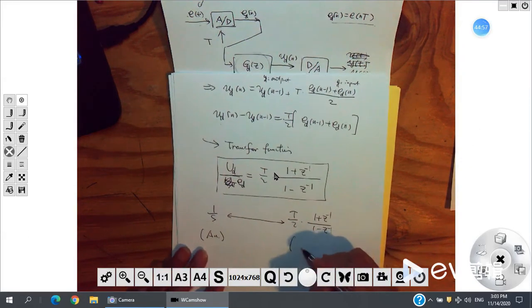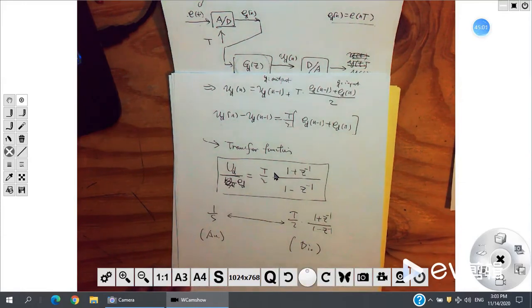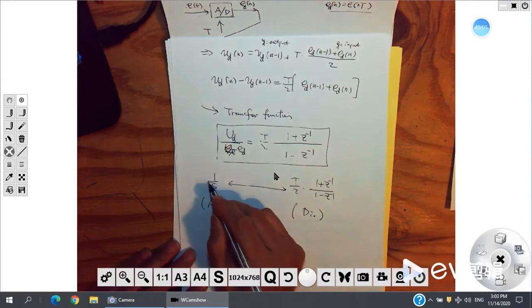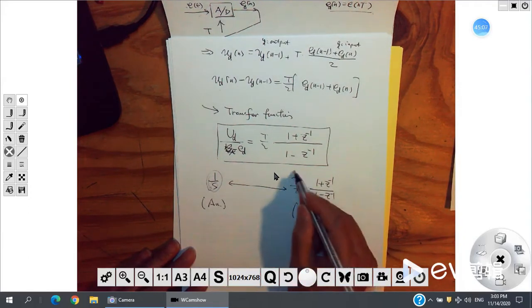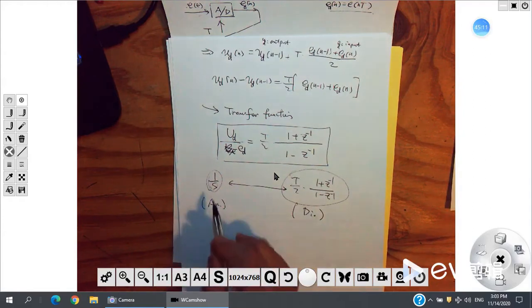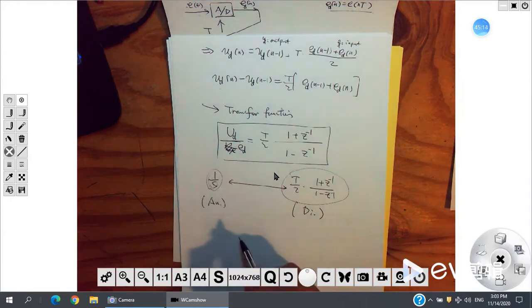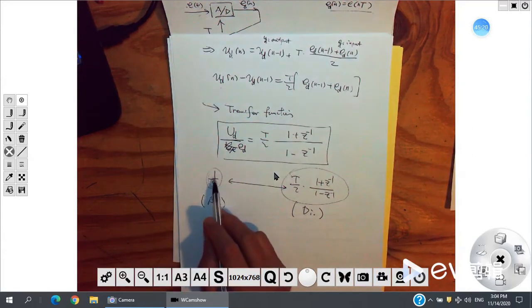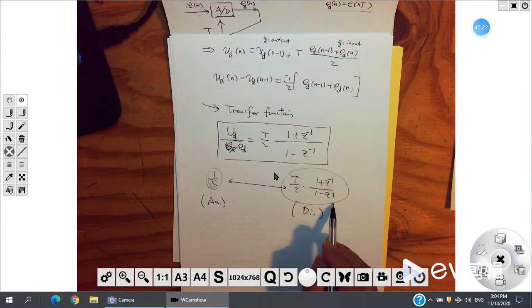This is the digital system transfer function. In other words, when you have 1 over s, you should have this one. This is just for 1 over s. When you have a more complex system, you just replace 1 over s by this one, that will be fine.